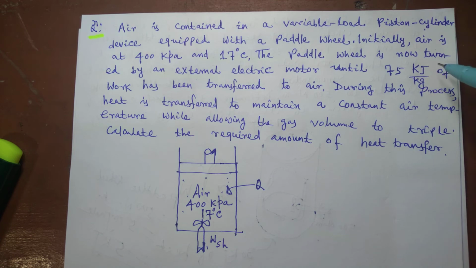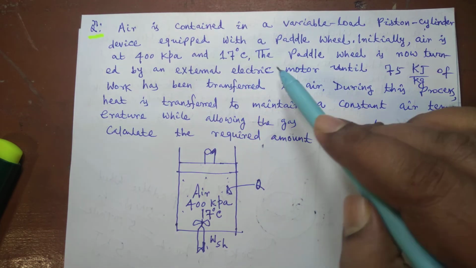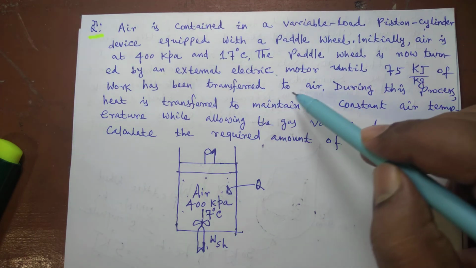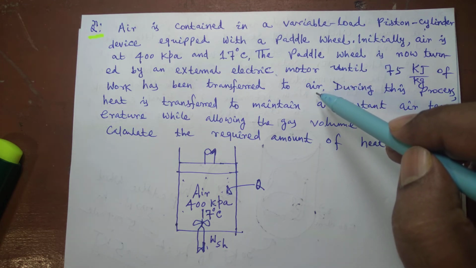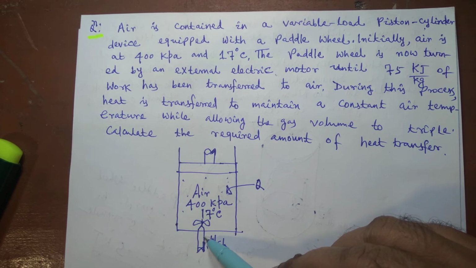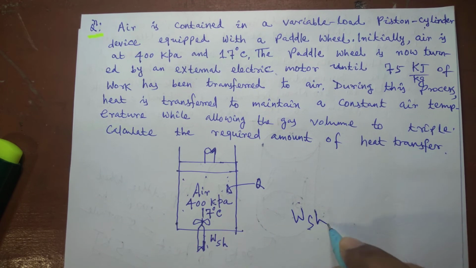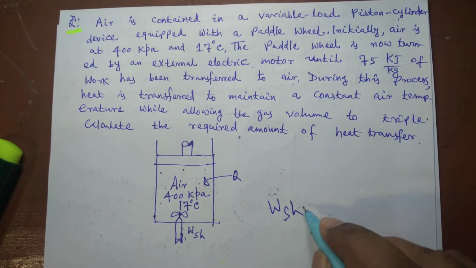The paddle wheel is now turned by an external electric motor until 75 kilojoule per kg of work has been transferred to air. So paddle wheel work is always a work input to the system. That means here the paddle wheel work is given in terms of unit mass.